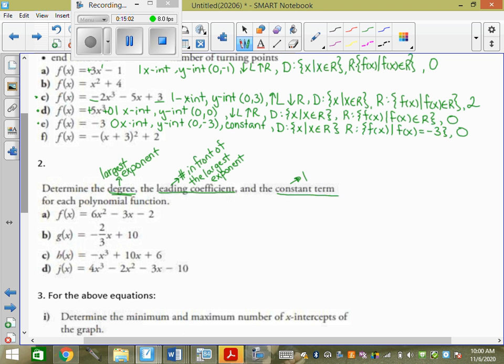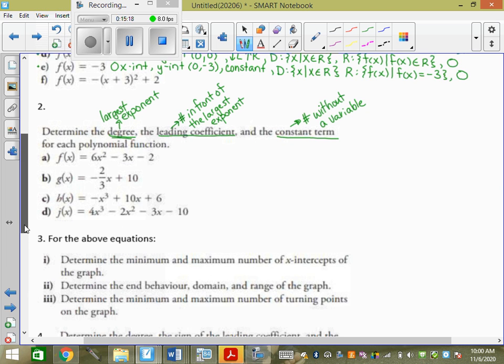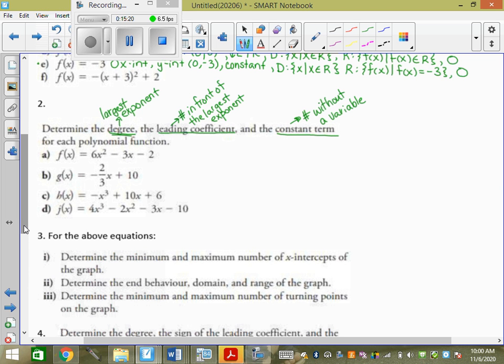Number without a what? Yep. So you can answer this for even the degree 2's because it's the same thing. So you are going to answer the degree, the leading coefficient, and the constant term.